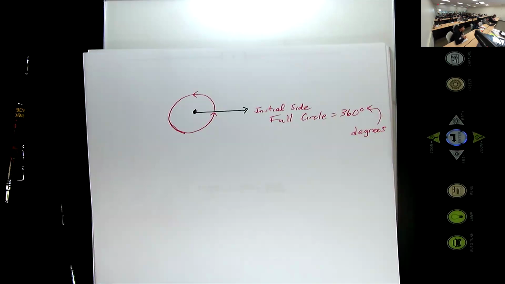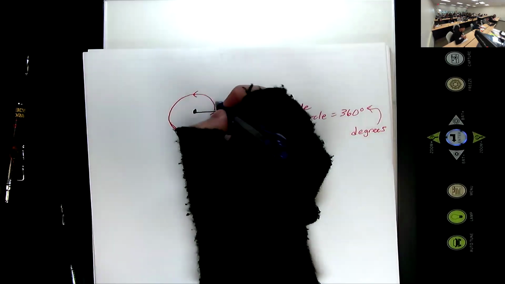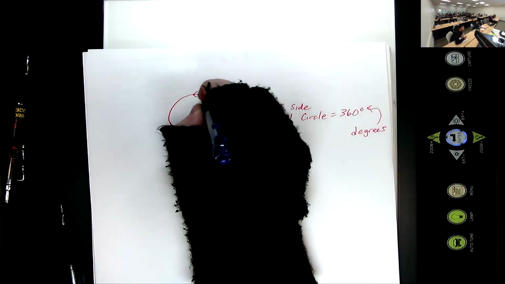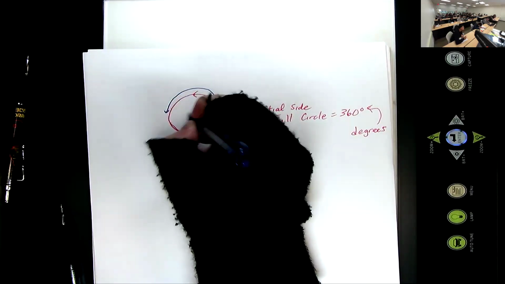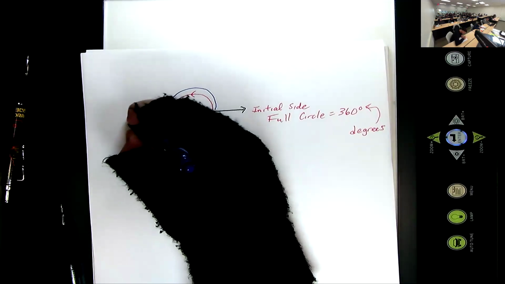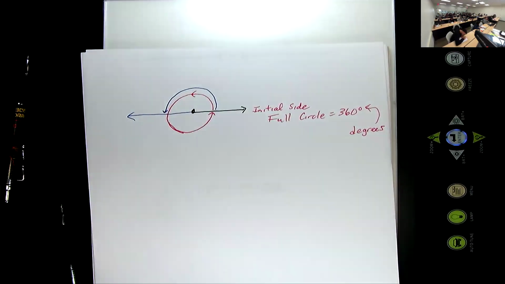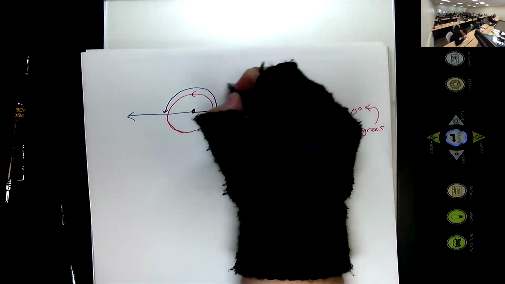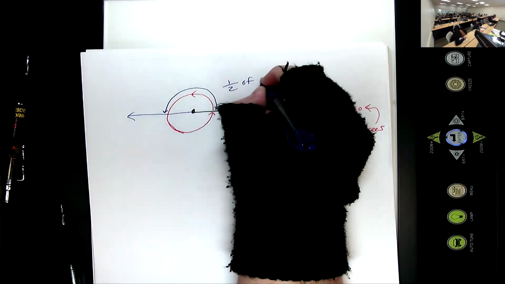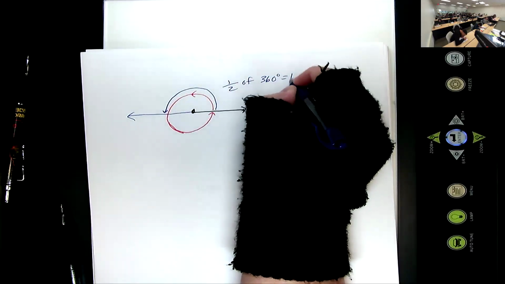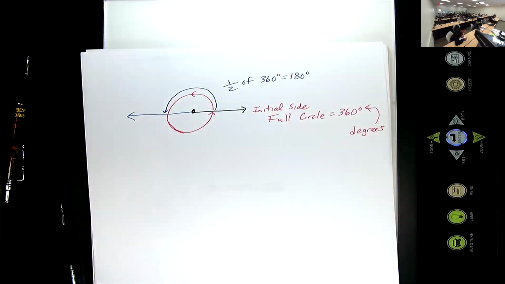If I were only to go halfway around and stopped here, making that my terminal side, half of 360 degrees is 180 degrees. So that's a half circle.